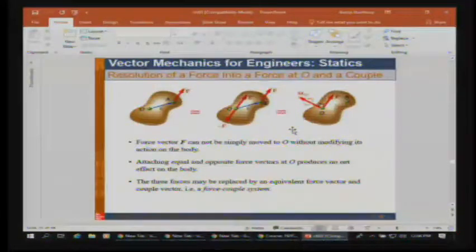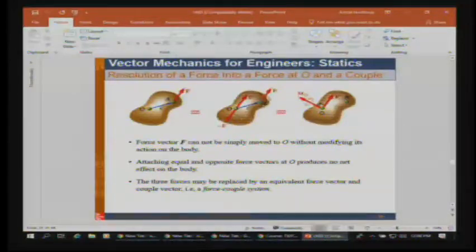All right, so here are some other ideas about couples and the resolution of a force into a couple and a force. Sometimes if you have a force, say the magnitude of this force is 6 units, you can add other forces that can be a couple and a force if you want to move that force.